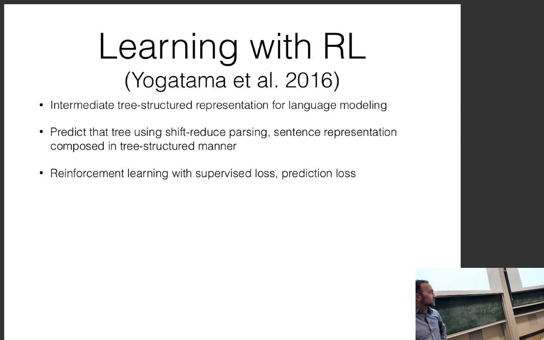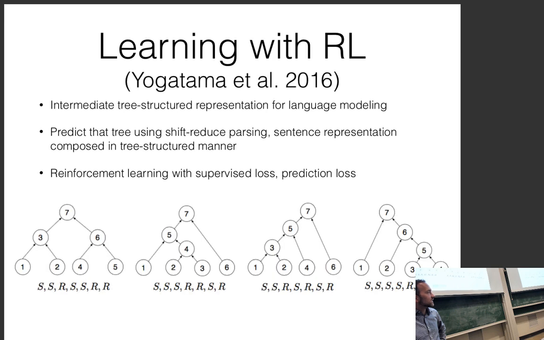And then reinforcement learning is used. You can use it with a supervised loss to calculate the parser, or you can use it with a loss that improves the probability of calculating the output on the language modeling task or something like this.